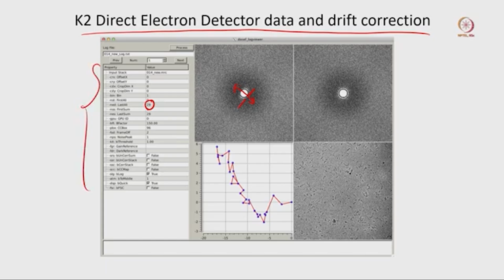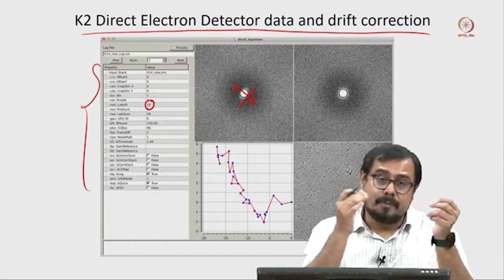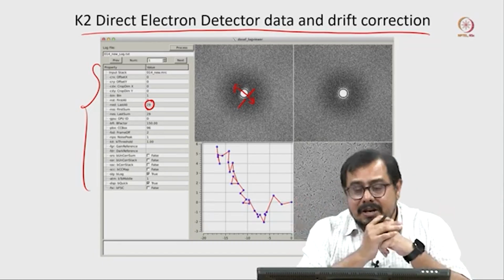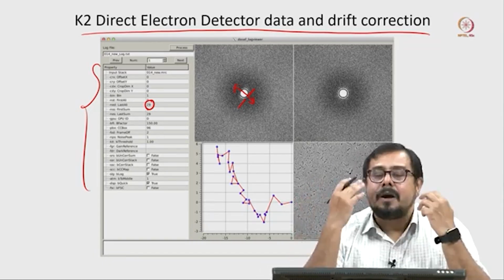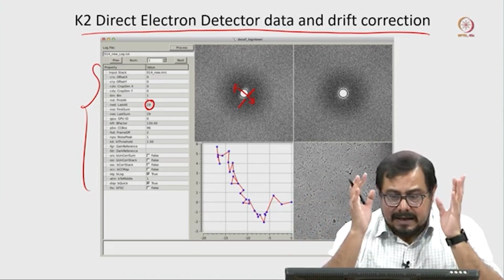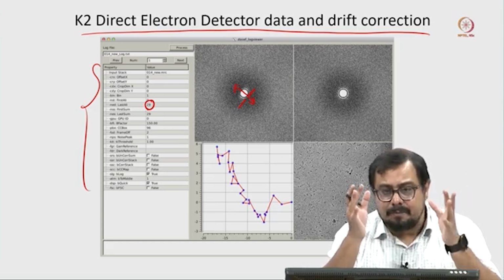This is the drift correction tool that we can use to correct drift, but nowadays motion correction tools are available in other tools also, because most of the time when we use data processing tools like Relion, EMAN or CryoSPARC, in all cases there is an integrated motion correction or drift correction tool.